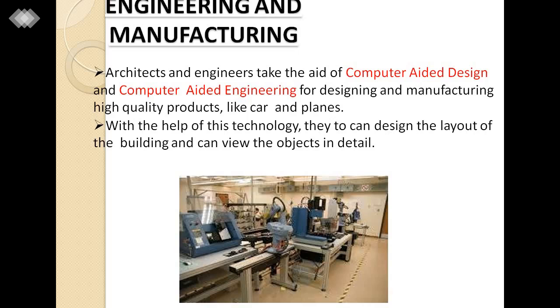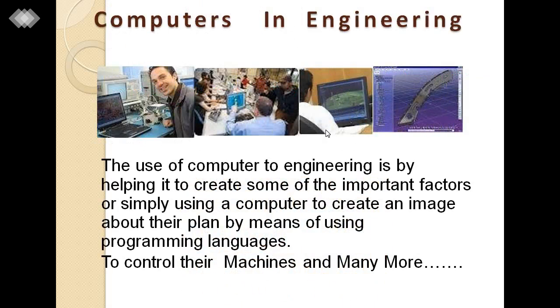With the help of this technology, they can design the layout of a building and view the objects in detail. In engineering, computers are used to create an image of their plan by using programming languages, to control their machines and many more, all related to the computer in our engineering field also.